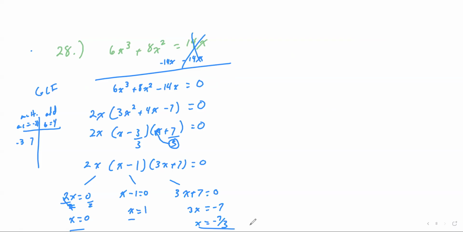All right, let's see if we can get it a little bit more complicated. So let's look at number 38. This one's given to us as 2x raised to the 13/5 minus 5x to the 8/5 plus 2x to the 3/5.